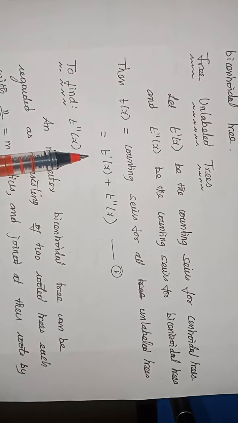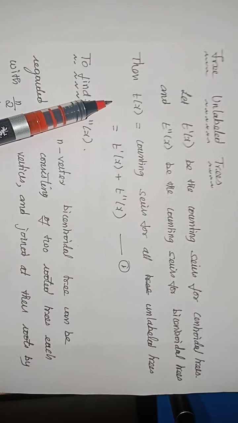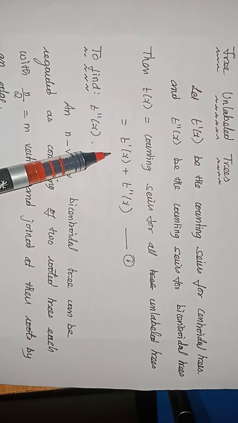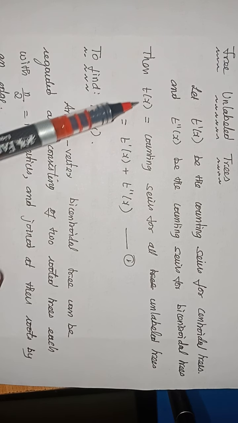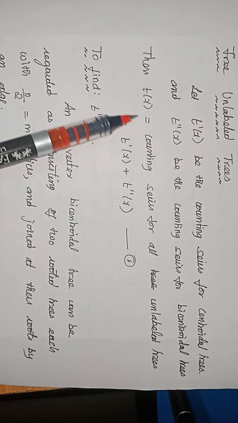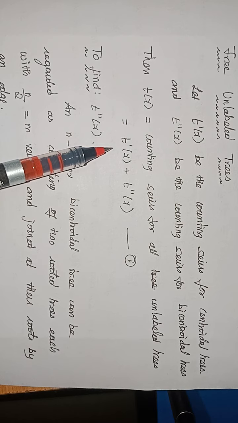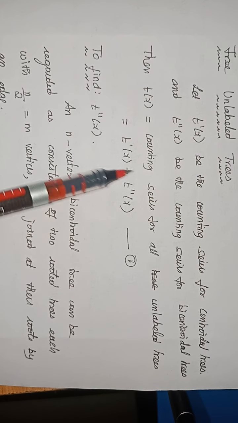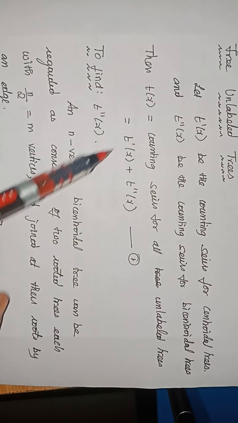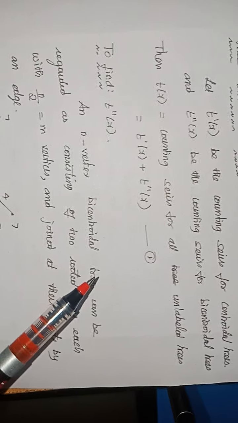So I am going to split my proof into 2. T of x is the number of unlabeled trees, obtained with n that may be even or odd. So you try to find all possible centroidal trees with n vertices and all possible bicentroidal trees with the same n vertices, and when you sum up all this you will get all possible trees with n vertices.